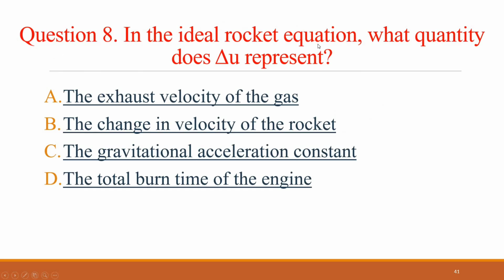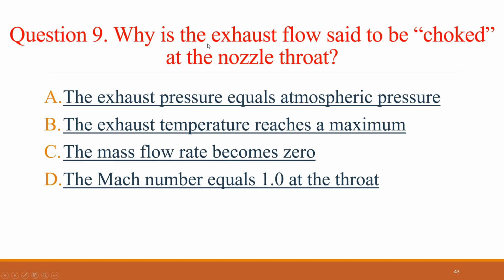Question 8. In the ideal rocket equation, what quantity does delta U represent? The correct answer, the change in velocity of the rocket. Question 9. Why is the exhaust flow said to be choked at the nozzle throat?